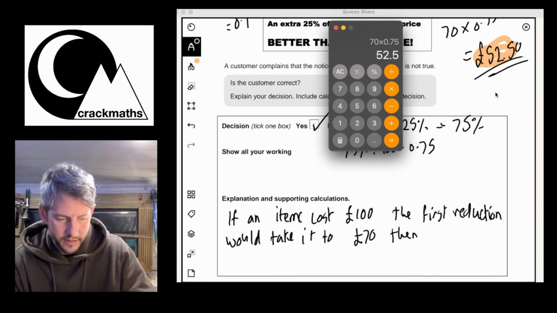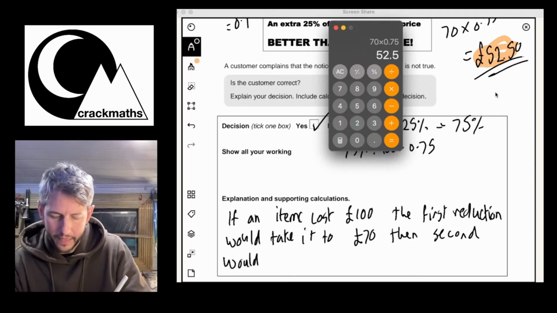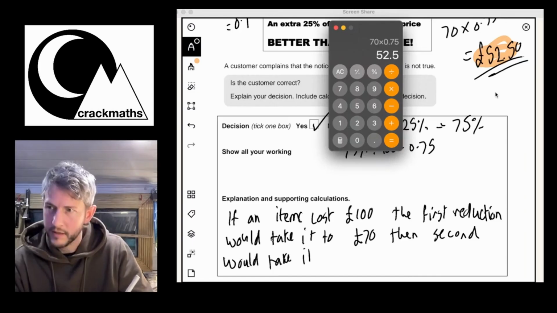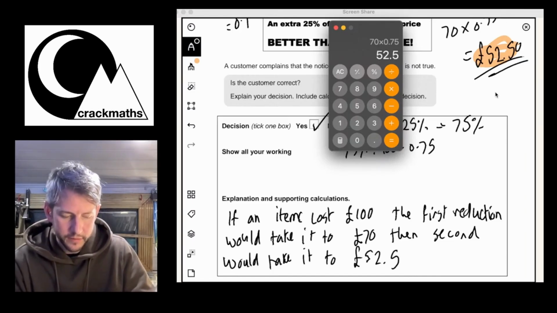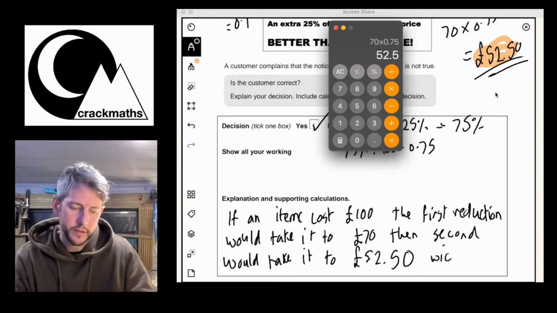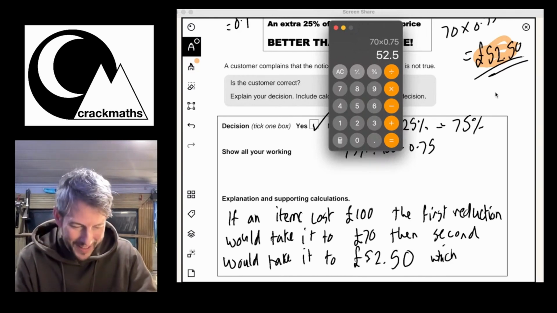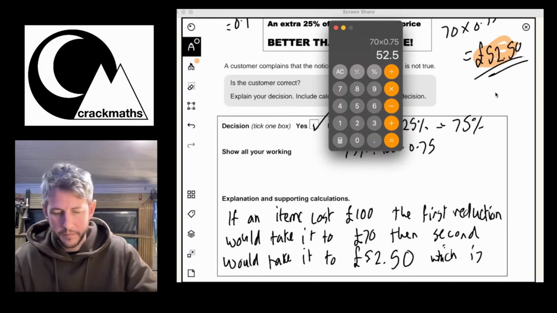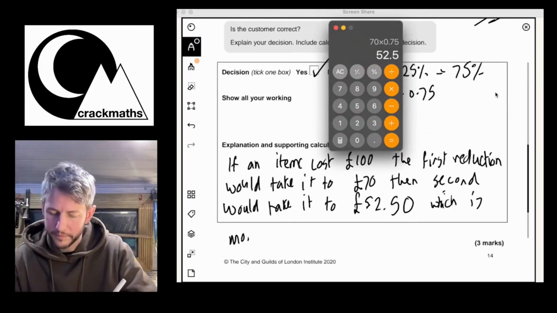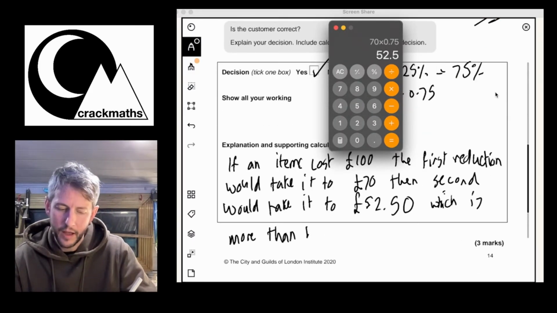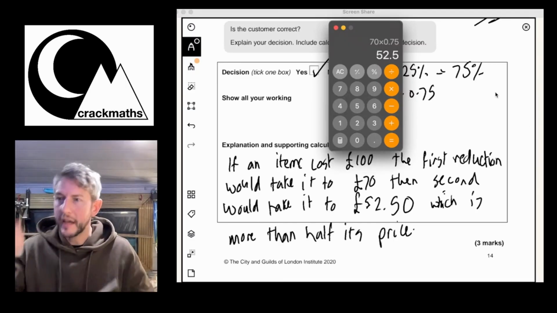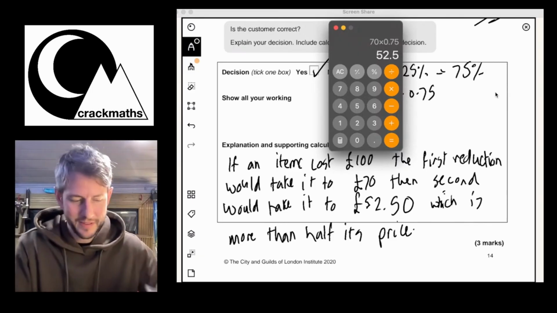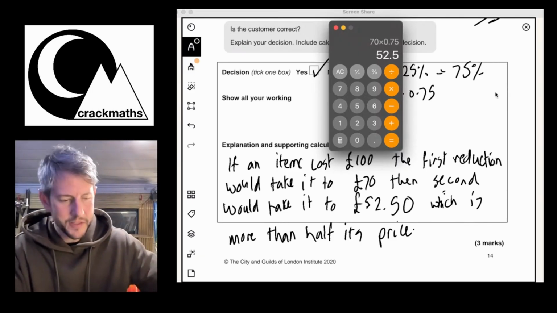Then the second would take it to £52.50, which is more than half its price. Okay, there we go. Let's have a look at the next question.